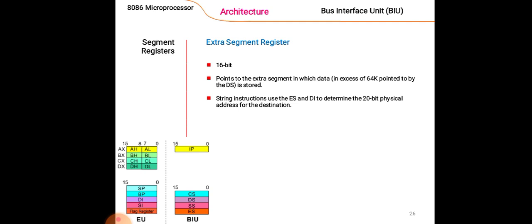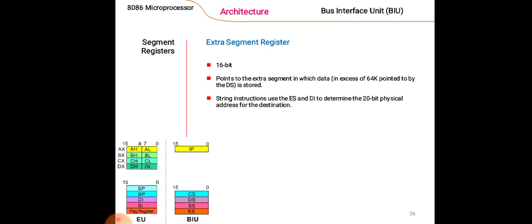Then the extra segment register. If we want to interface other peripheral devices or input output devices with the 8086, it requires an extra amount of memory. So in that case the extra segment register, that is the 16-bit extra segment register, is used.